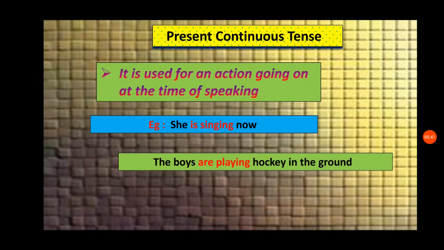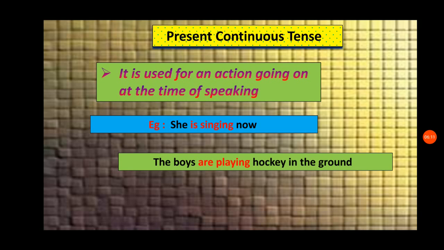So what is present continuous tense? The present continuous tense is nothing but the event or fact which is going on continuously at the time of speaking. We have already seen a definition for simple present tense. What is the definition for simple present tense? The action which happens at the time of speaking, but it starts at the time of speaking, not before.